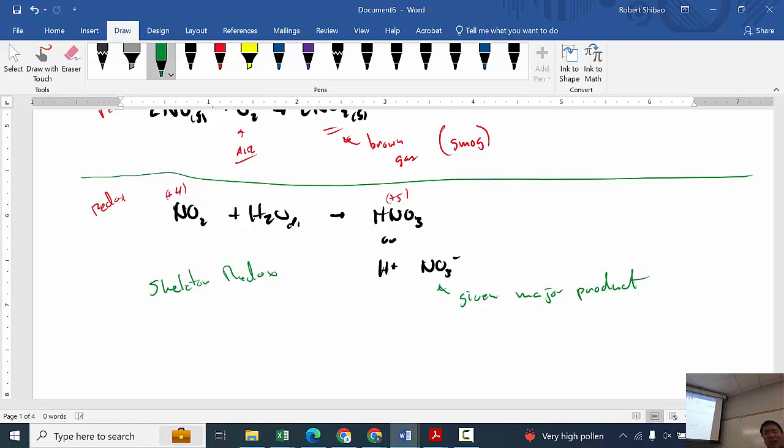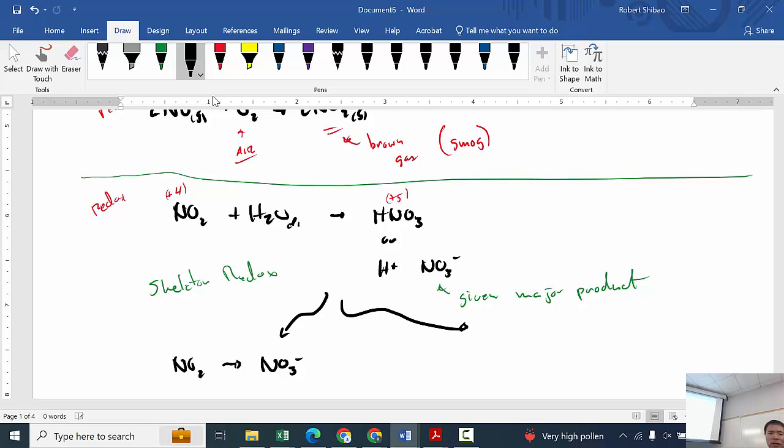If we're given the major product, then we could figure it out. In skeleton redox, we split into two half reactions, two skeleton half reactions. And so we look at NO2, and where did the NO2 end up? The NO2 ended up in NO3 minus. So this is called a skeleton half reaction.